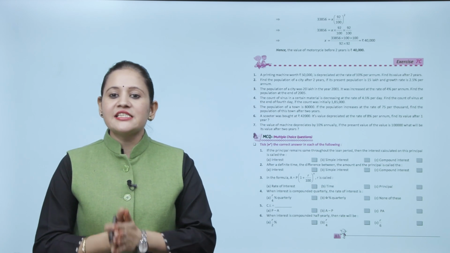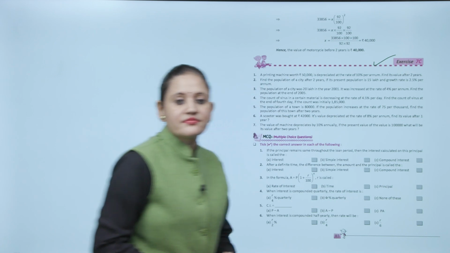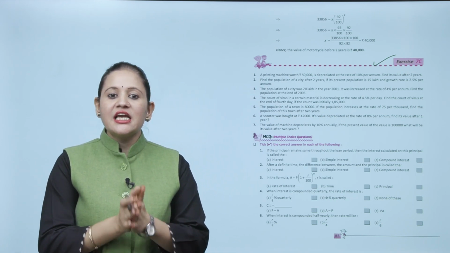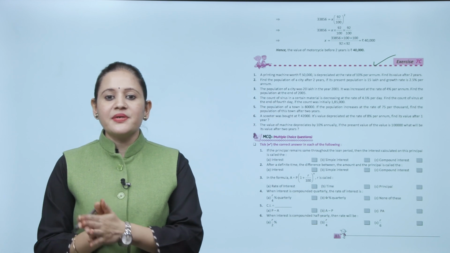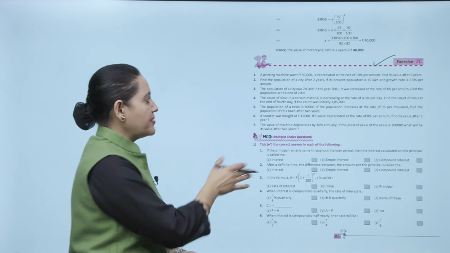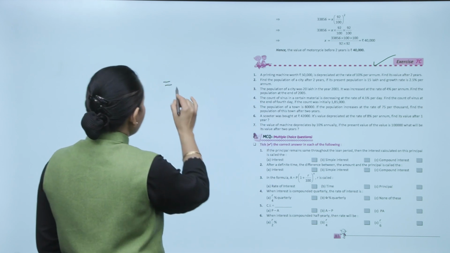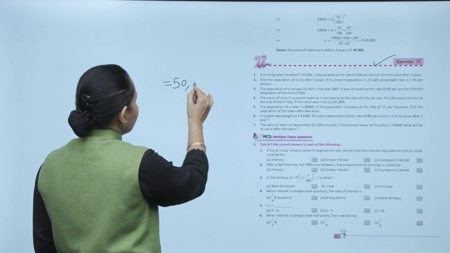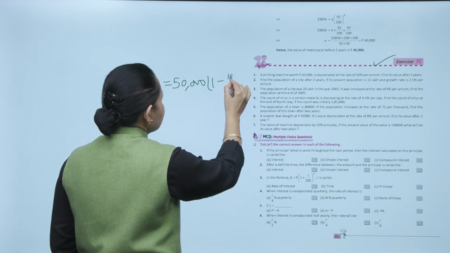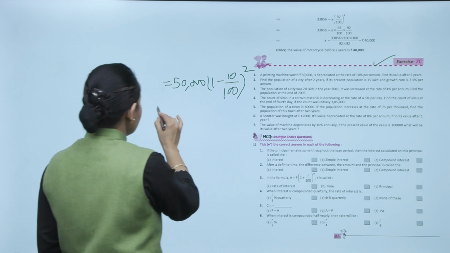Our next exercise is exercise 7C. A printing machine worth rupees 50,000 is depreciated at the rate of 10% per annum. Find its value after 2 years. So the value is depreciating. After 2 years, what will the value be? 50,000 (1 - 10/100), at the rate of 10%, and time is 2 years.